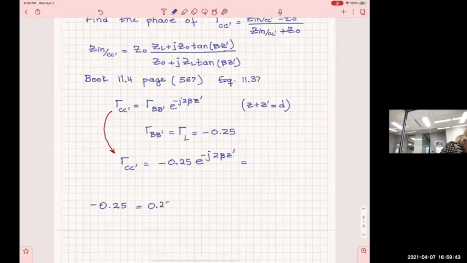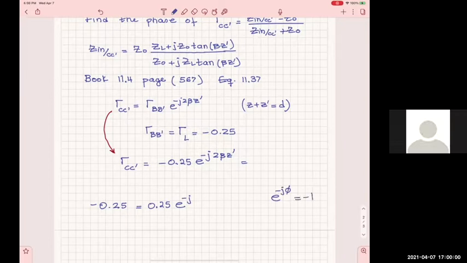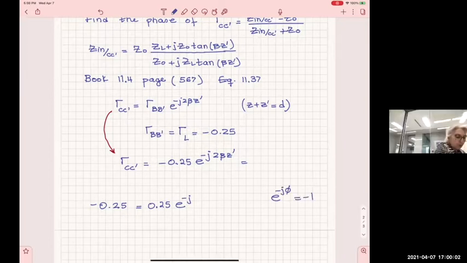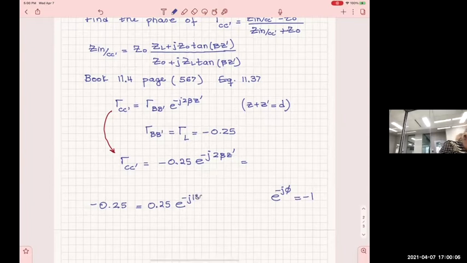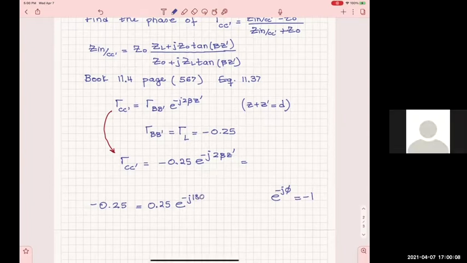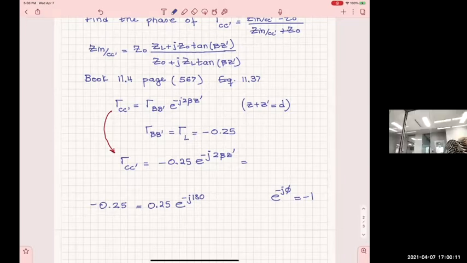0.25 and an exponential, what? Of minus j. What is going to give you a negative sign as an exponential? Minus what? Minus pi, I think. Minus pi or, yes, 180 degrees exactly. Minus 180. Perfect. Or minus pi. Exactly. So you're correct.